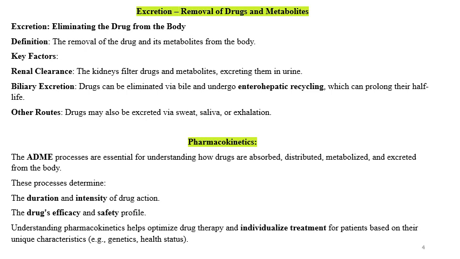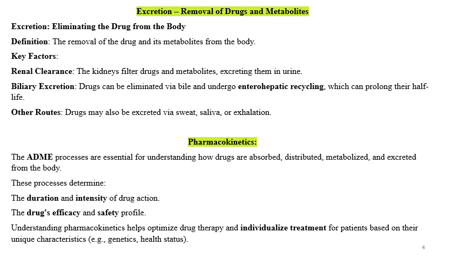Key factors in the excretion are renal clearance, biliary excretion, and other routes. Renal clearance involves the kidneys filtering the drug and metabolites, and these are excreted in the urine. In biliary excretion, drugs can be eliminated via bile and undergo enterohepatic recycling, which can prolong their life.